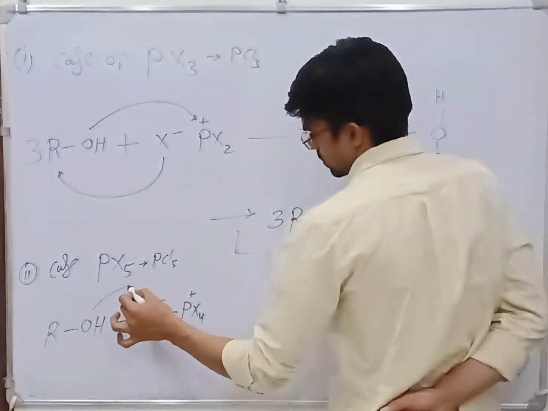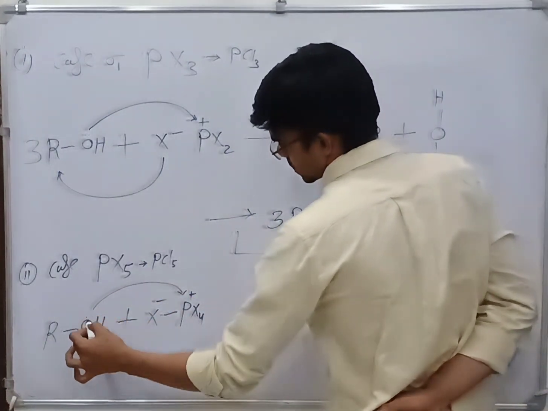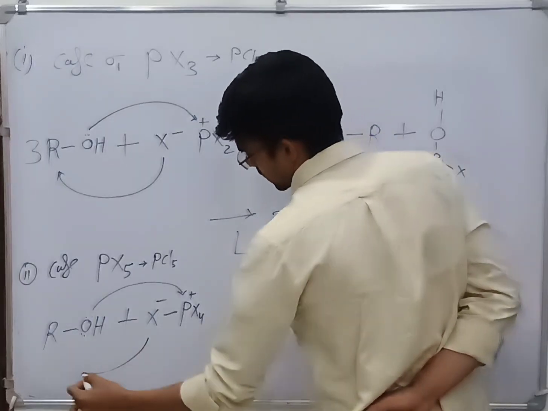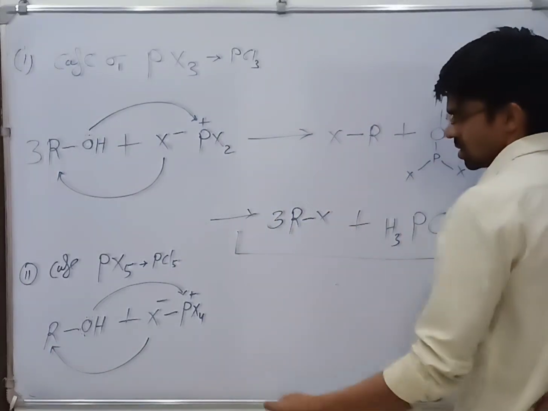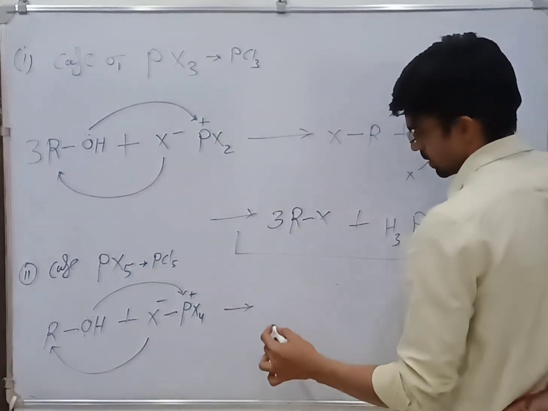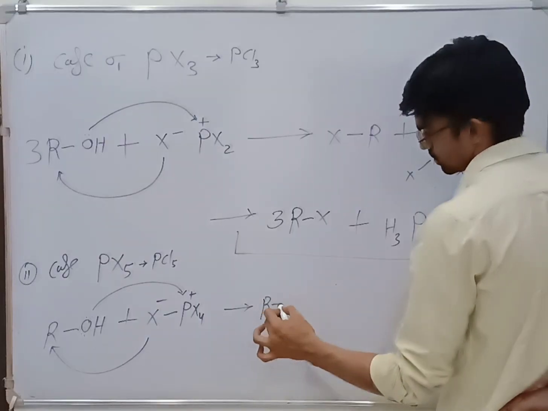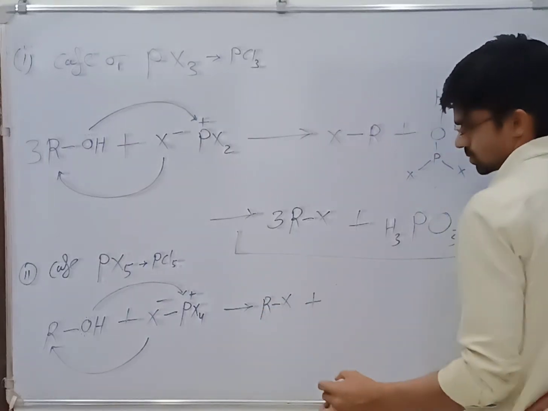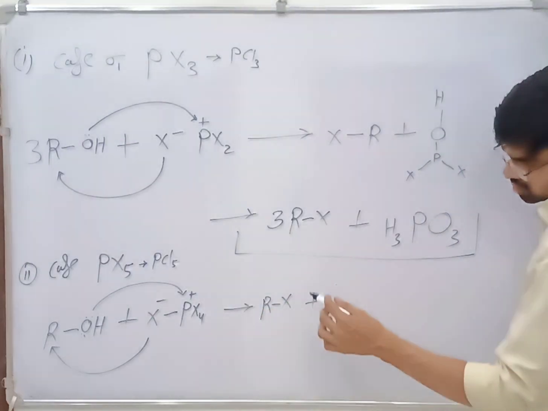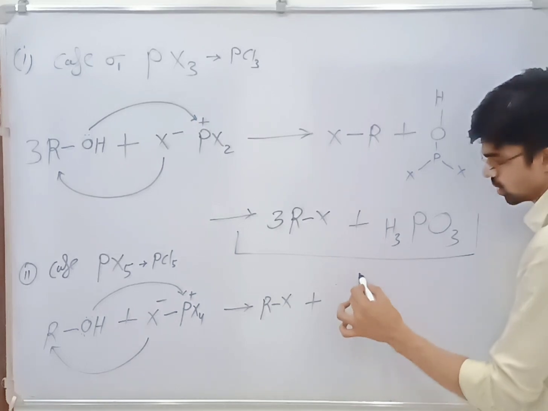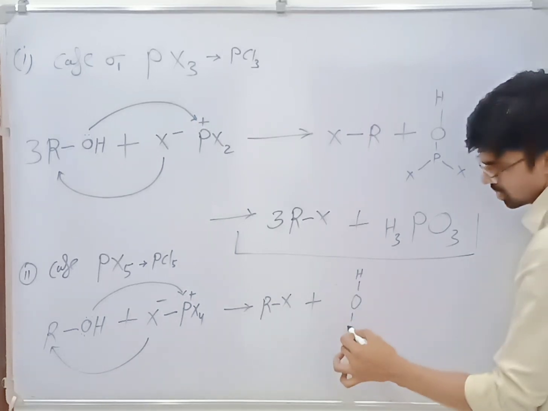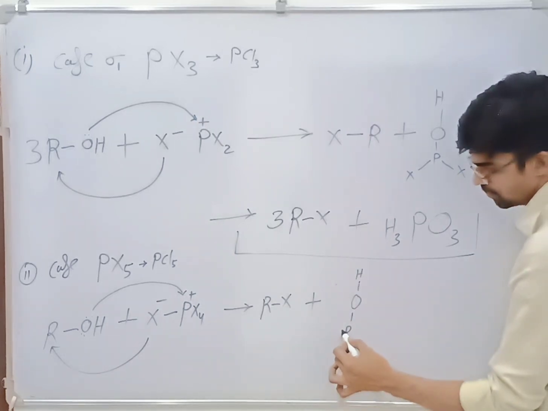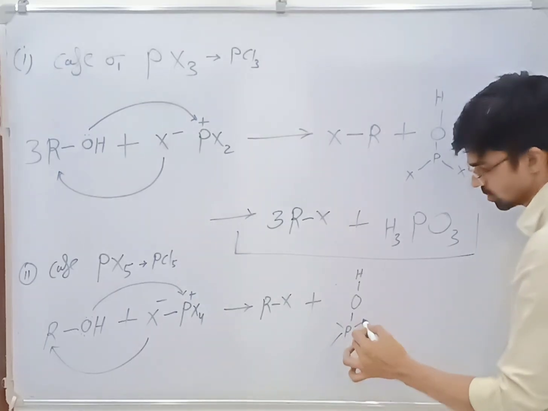Again, oxygen will donate its electron to phosphorus and X will attack the R. The product will form again RX plus OH and phosphorus with 4 halogens, 1, 2, 3, 4.